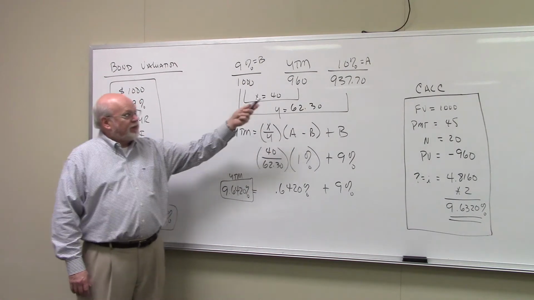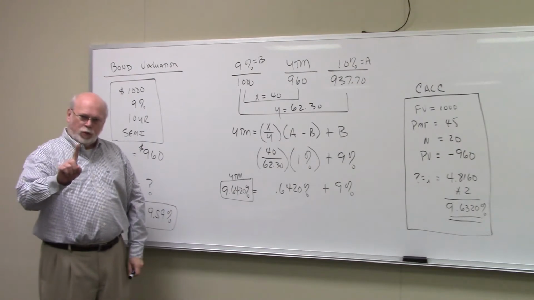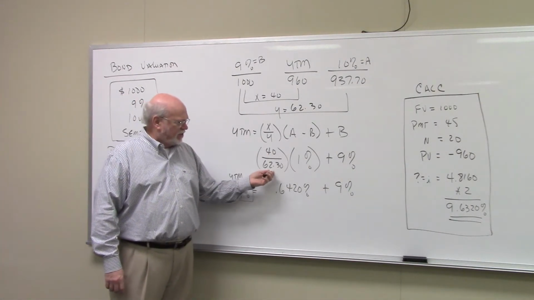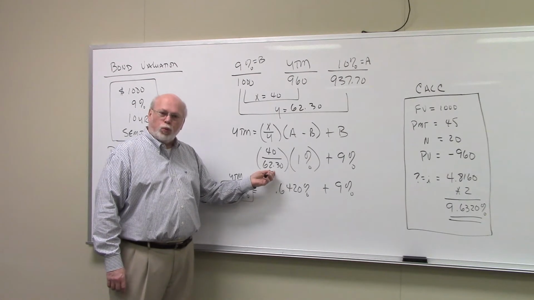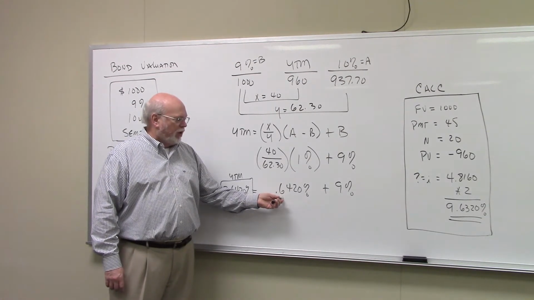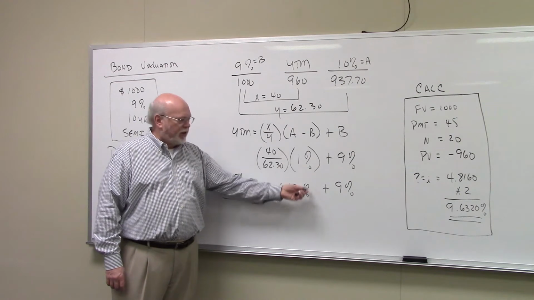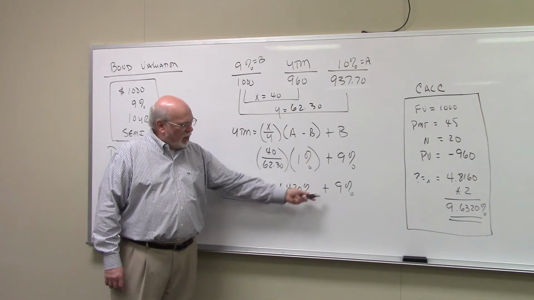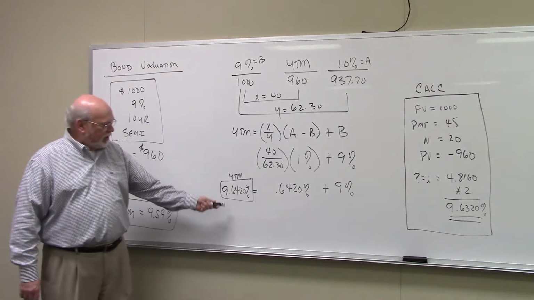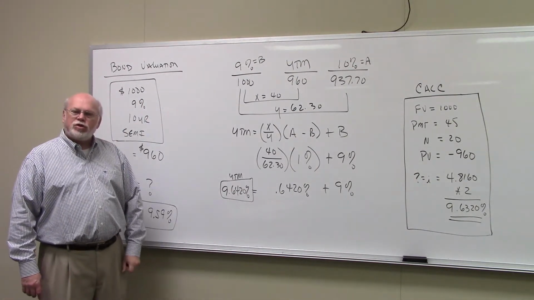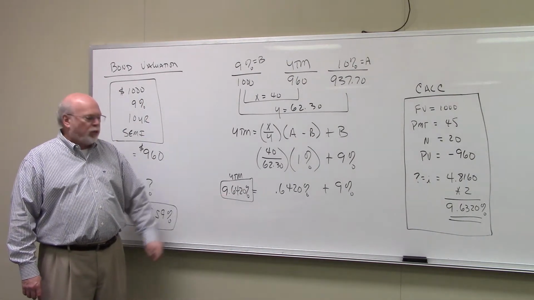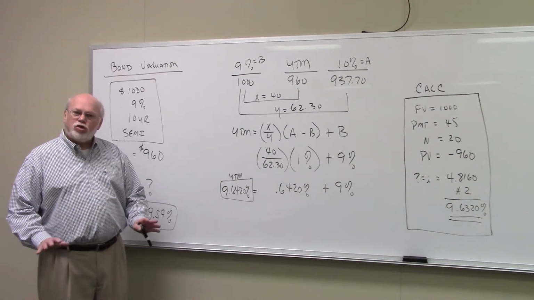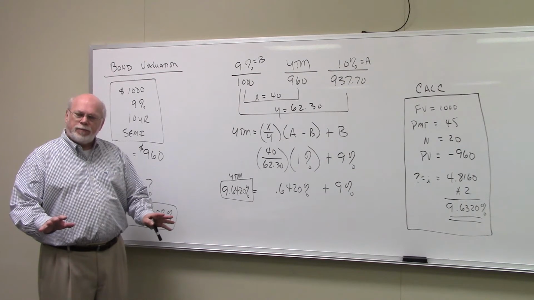A minus B, 10% minus 9%, is 1%. 40 over 62.3 times 1 gives you 0.6420%. It picks up this percentage here. Add that to 9%, and you find the interpolated yield to maturity on this bond to be 9.6420%. That's the interpolated yield on the bond.